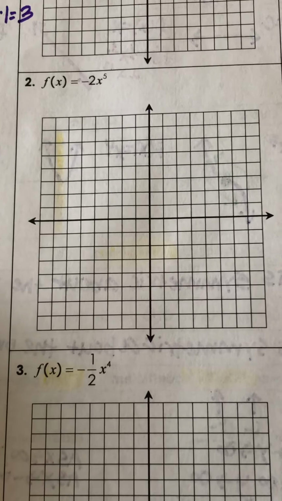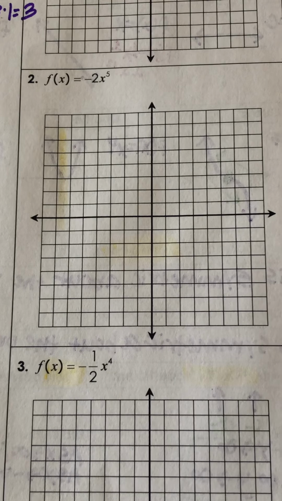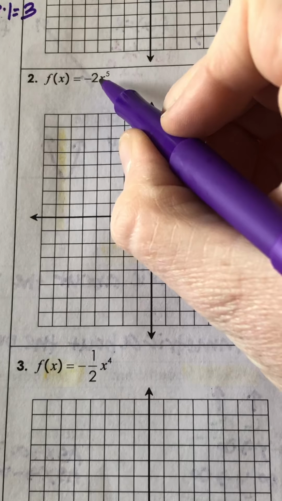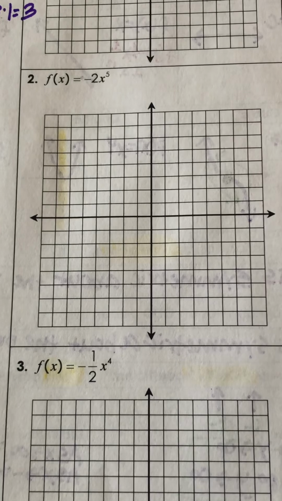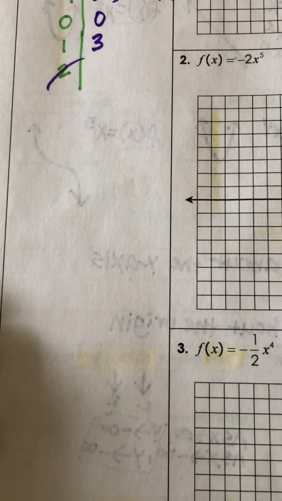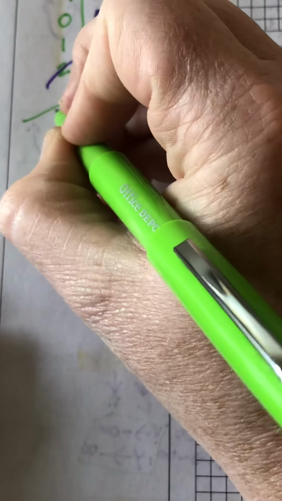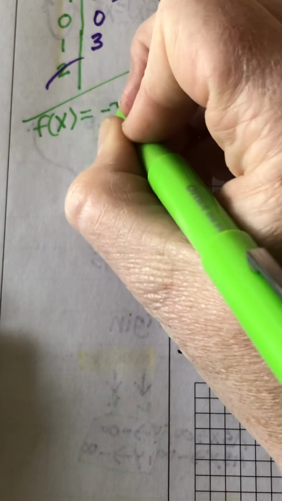Next. So f of x equals -2x to the 5th. So again, if I plugged in 2 here, or -2, that would be a very big number, especially when you multiply it by 2. So let's just try our x, y table with -1, 0, and 1.